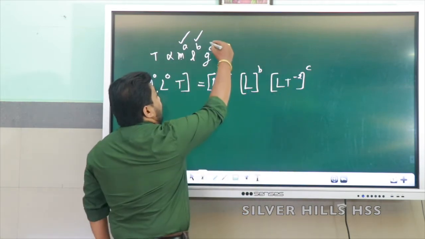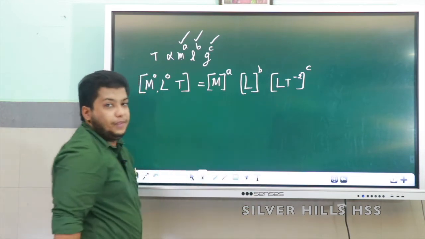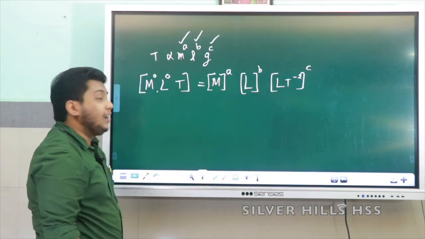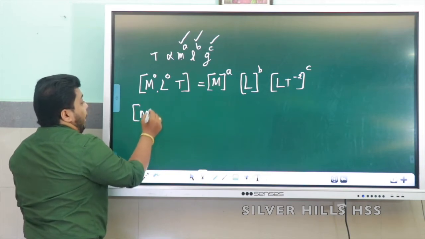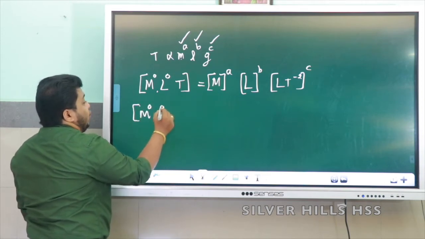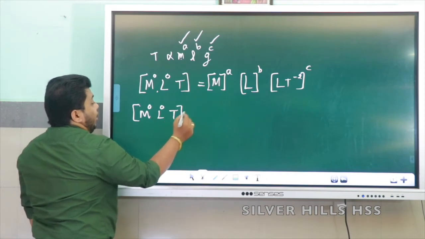Now I have to open these brackets. We are going to open those brackets. So on the left side there will be no change: M raised to 0, L raised to 0, T equal to.